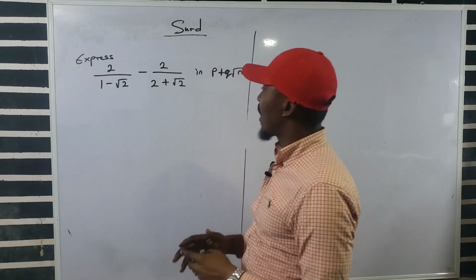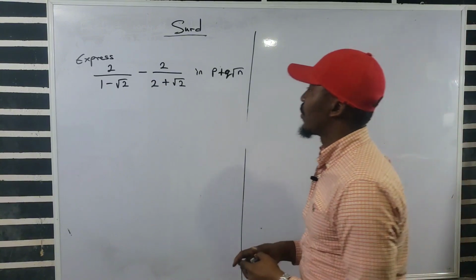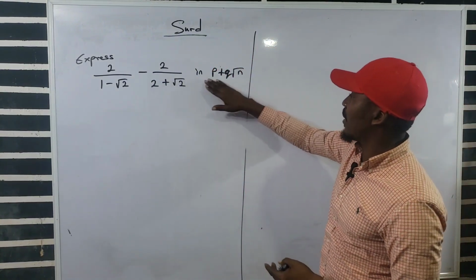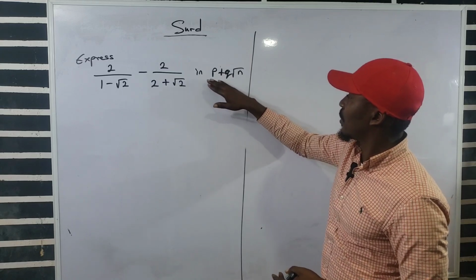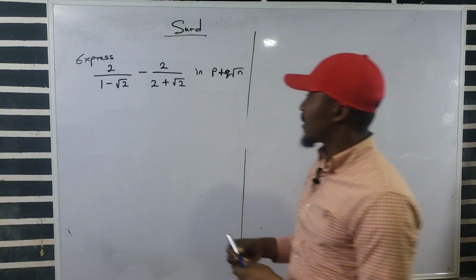For our next question, we are asked to express 2 over 1 minus root 2, minus 2 over 2 plus root 2, in this form. So they want the whole of this to look like this. Let's start.